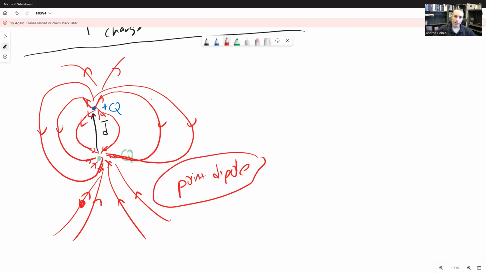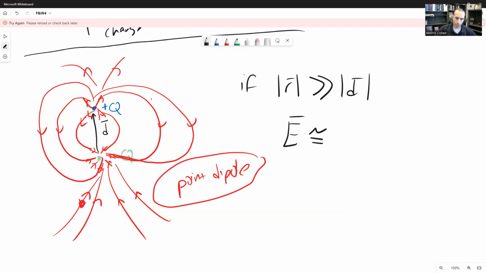All right, I'll give you the answer of what that electric field is if the length of R is much greater than the length of D, which is to say you're much further away from the dipole than the dipole is separated. Then the electric field can be approximated as minus Q times this vector D divided by 4 pi epsilon naught times the length of R cubed.